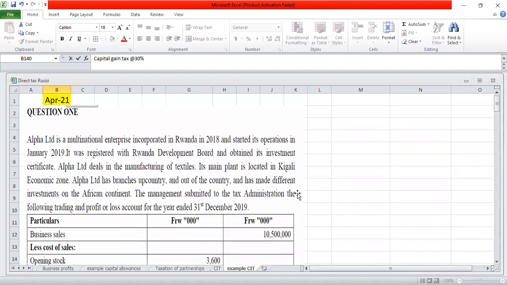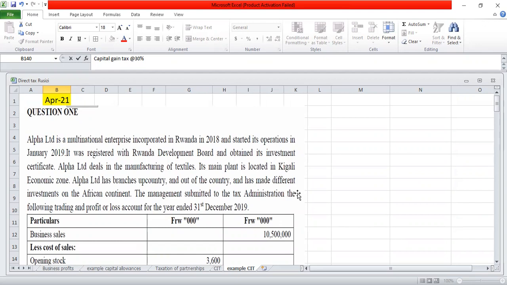So this is a question from April 2021. Question number 1. Alpha Limited is a multinational enterprise incorporated in Rwanda in 2018 and started its operation in January 2019. It was registered with the Rwanda Development Board and obtained its investment certificate.